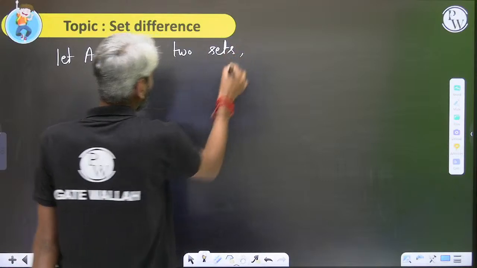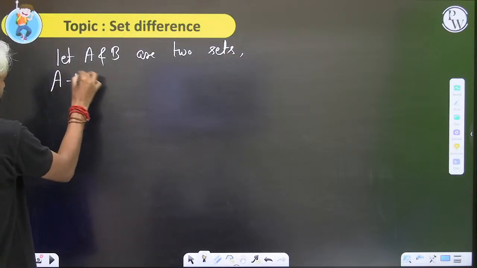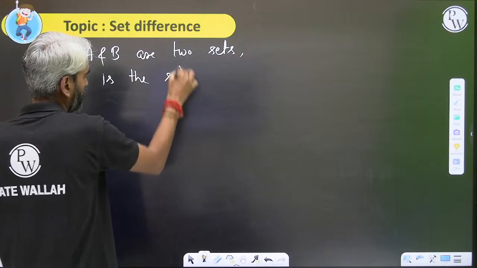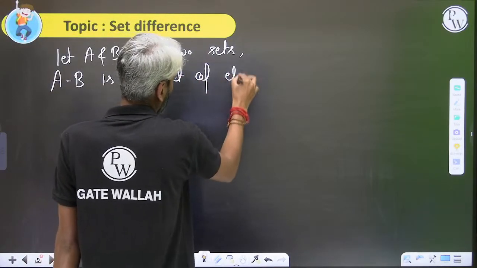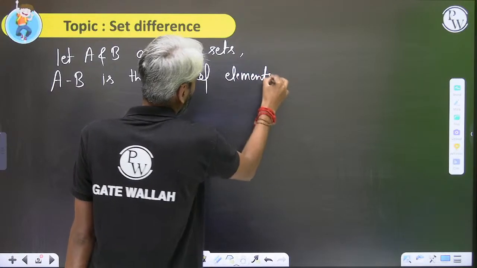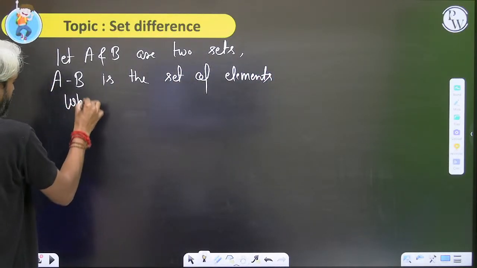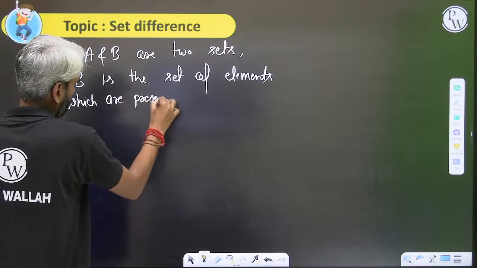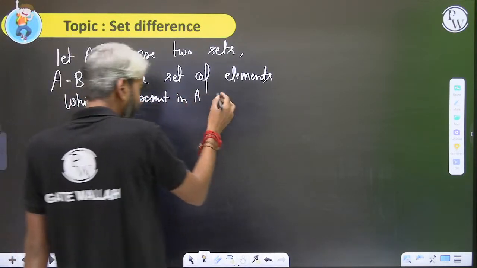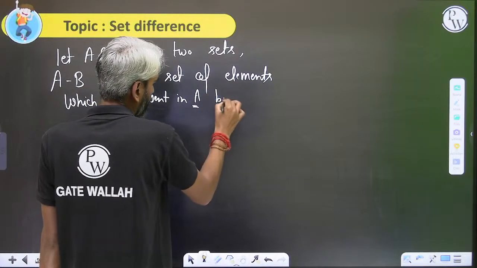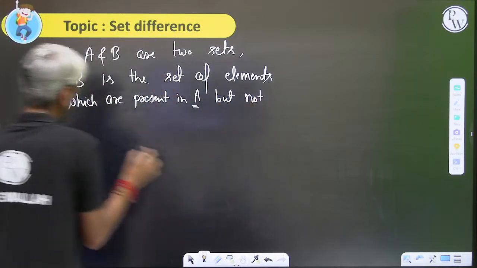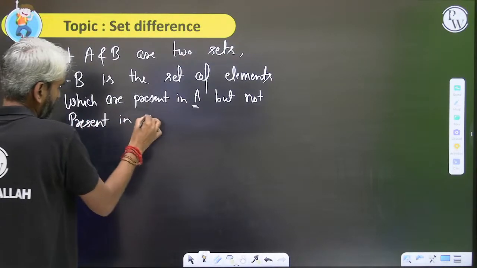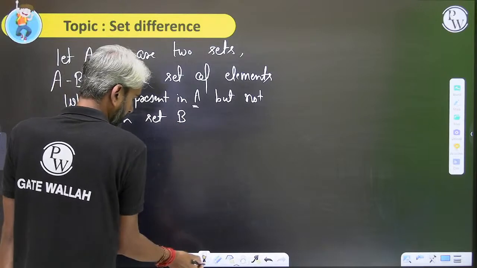If you try to understand the definition of A minus B intuitively, then A minus B is the set of elements which are present in A, so they must be in set A, but not present in set B.